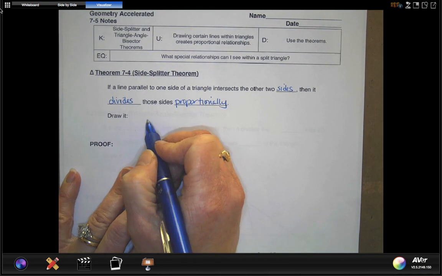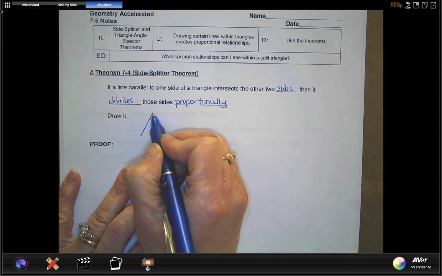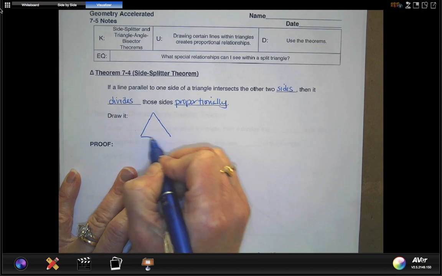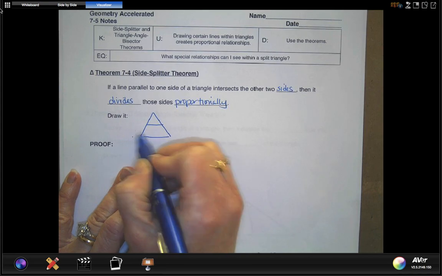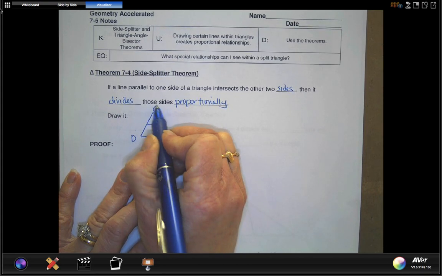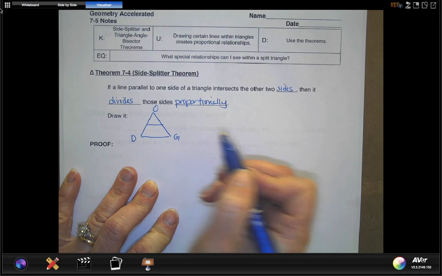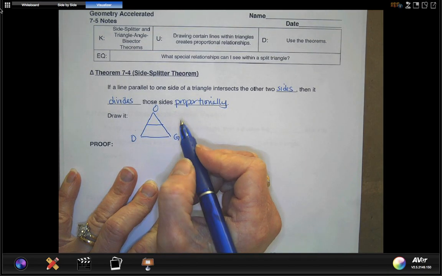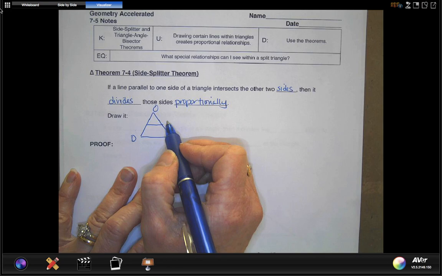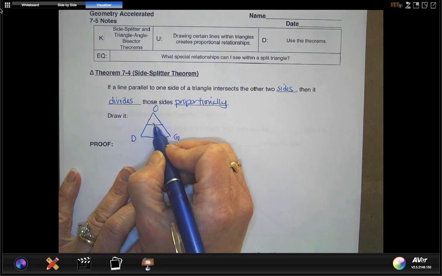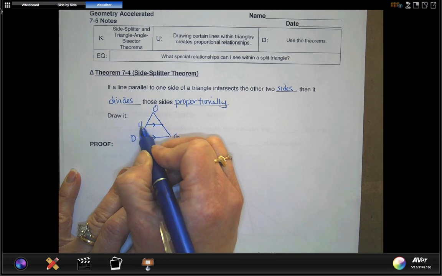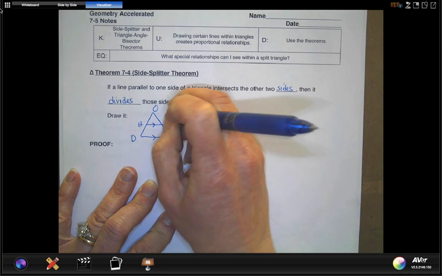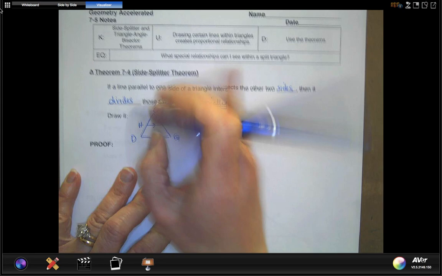So let's say I have triangle DOG, and if I draw this line and I intersect these two sides, but I make that line parallel, I'm going to call this HOT DOG.